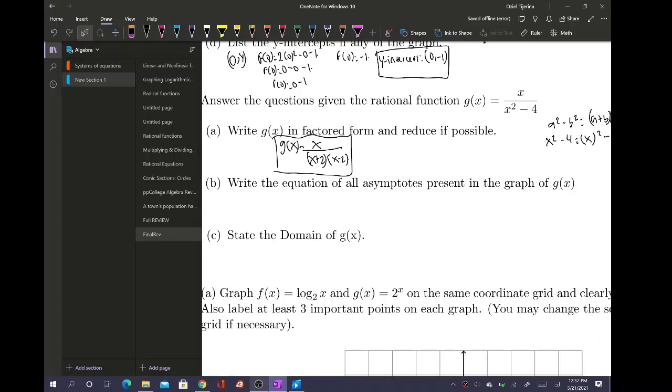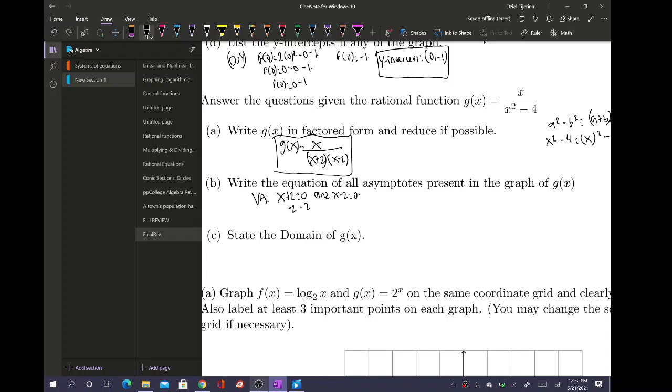It says write the equation of all the asymptotes present on the graph of g of x. Okay, so for this one, the vertical asymptotes would be x plus 2 equals 0 and x minus 2 equals 0.